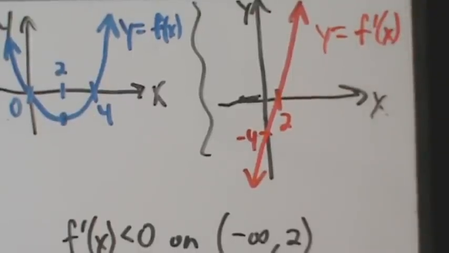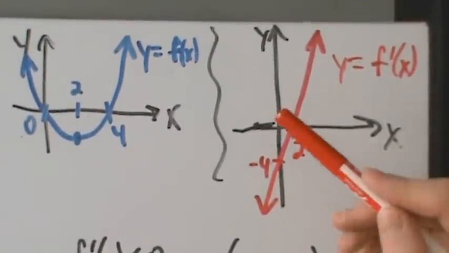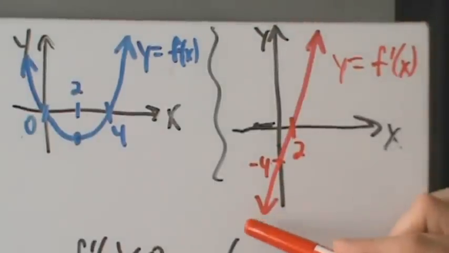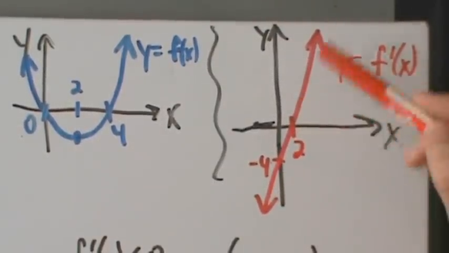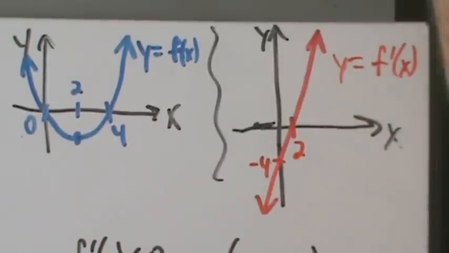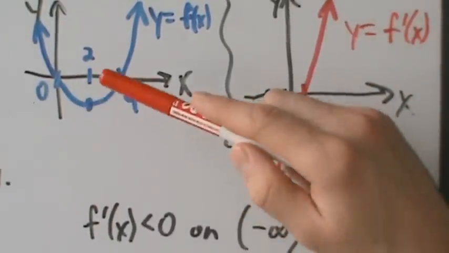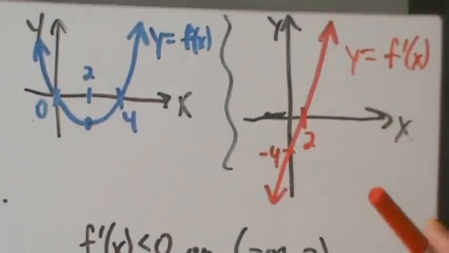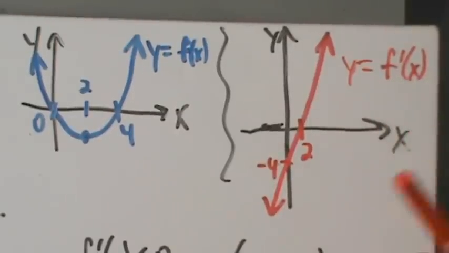All right, and what do we see? We see the derivative is negative when x is less than 2. So on negative infinity to 2, the derivative is negative, and on 2 to infinity, the derivative is positive. It's important not to get confused between increasing or decreasing function and positive or negative derivative. Here the derivative is increasing the whole time, but that doesn't matter.